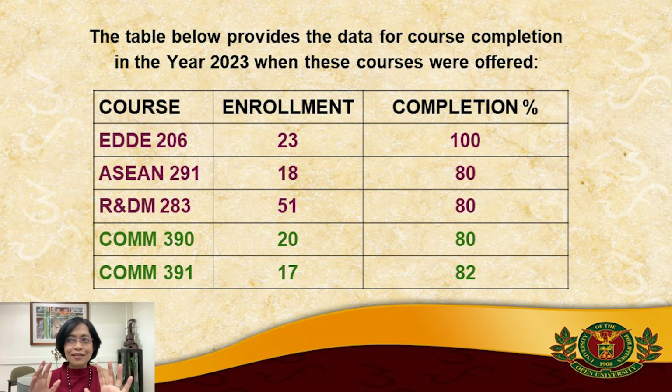There's one course that all of the students were able to complete a mini study, and that's 100% completion. So it's between 80 to 100% completion of these 5 courses that I am handling.